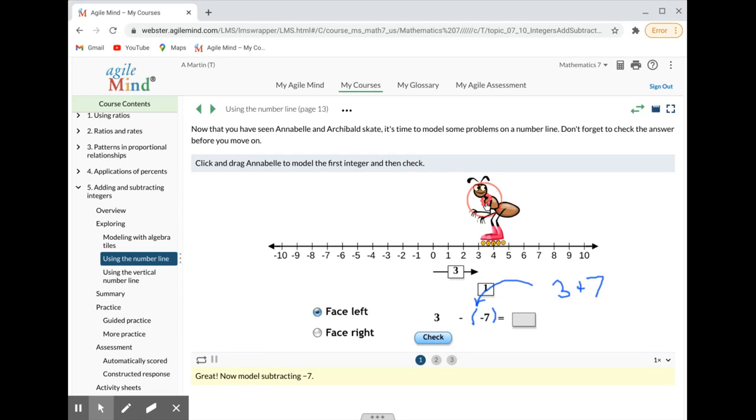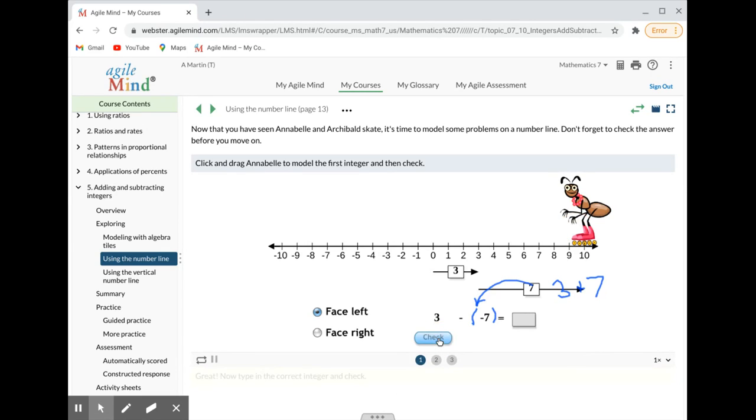All right, she's backing up all the way to what? 10. All right. Does that look good? Now all we got to do is put our answer in. So we got 10. Anybody have a question about that? This is the time to ask. Braden, does that make sense? Yes, sir. All right.